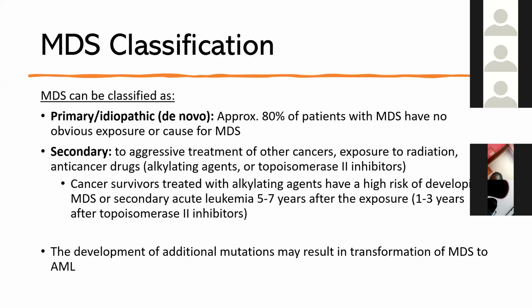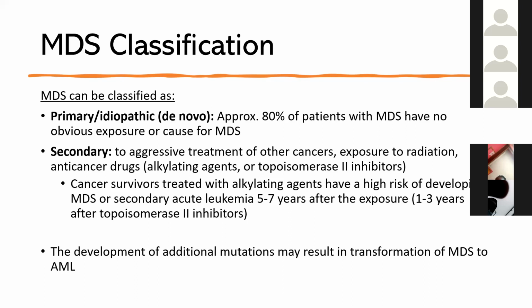Then the secondary, those are the ones where we are able to predict they have had aggressive treatment of other cancers or exposure to radiation, anti-cancer drugs, especially here alkylating agents or topoisomerase 2 inhibitors. Those are two classes of anti-cancer drugs.